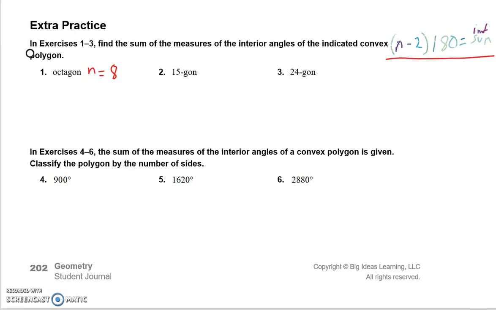So it's going to be 8 minus 2 times 180, which is 6 times 180, which is 1080. So octagon is 1080 degrees.